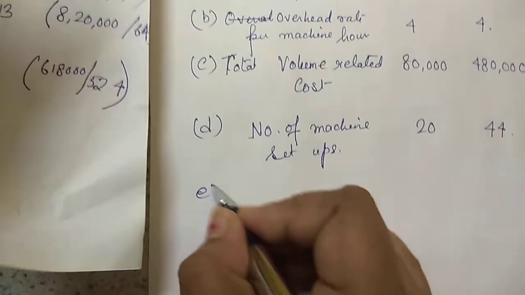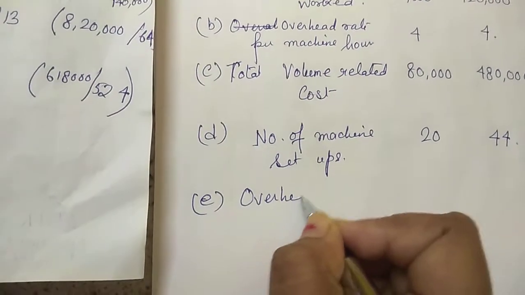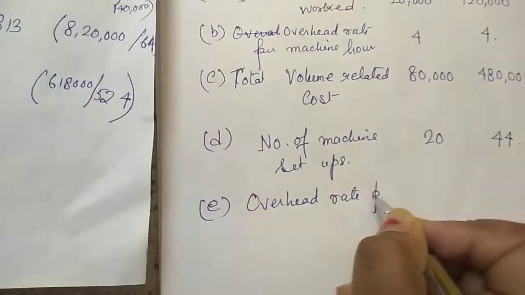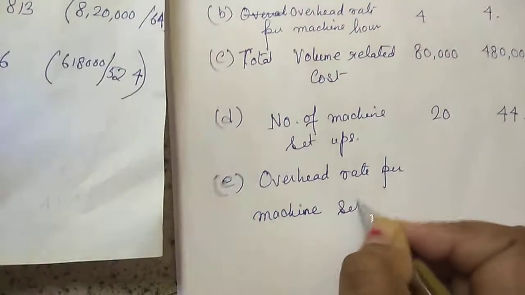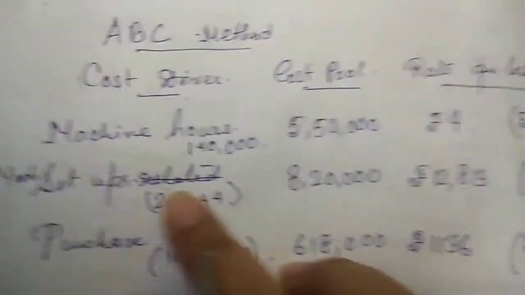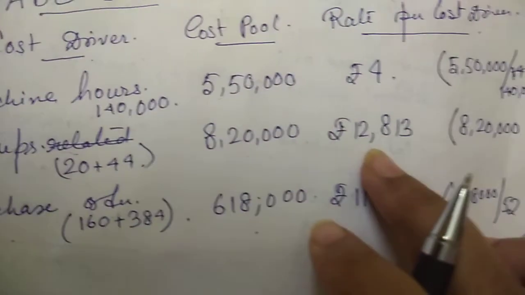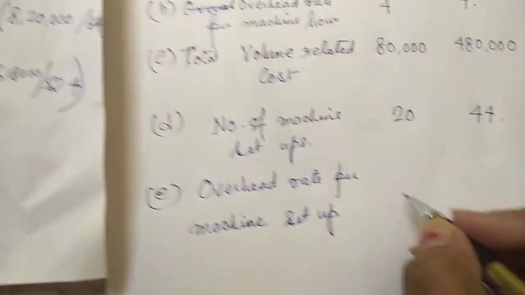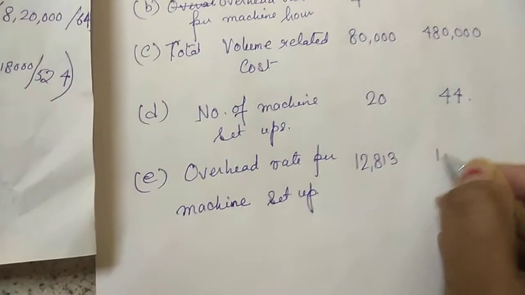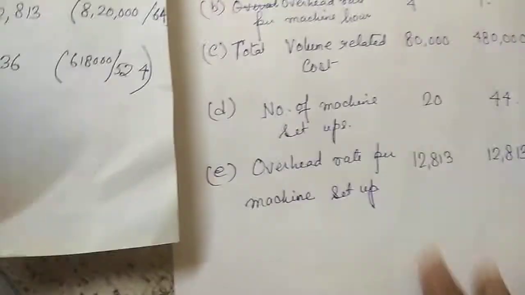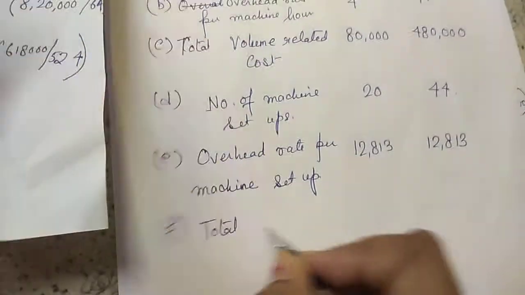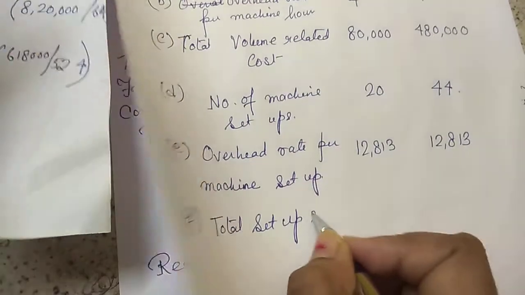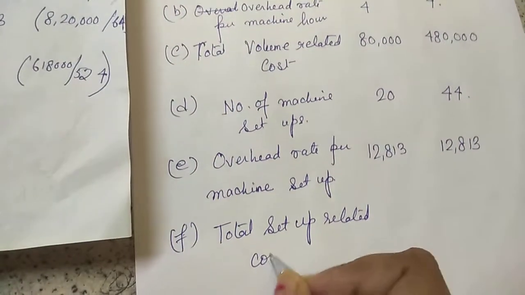Next, the overhead rate per machine setup. What is the overhead rate per machine setup? This is my machine setup, and the rate per cost driver is 12,813. So point F, total setup related overhead, comes to how much?